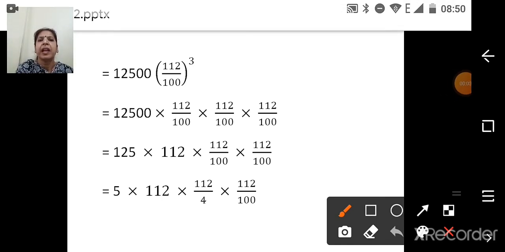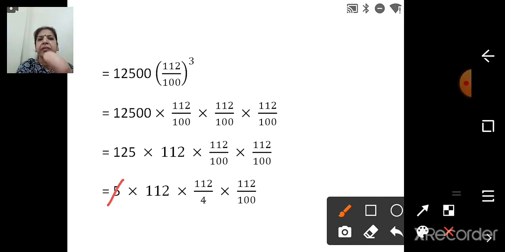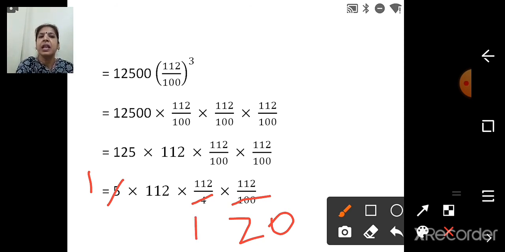Now we know that 5 is divisible and 100 is divisible by 5, so 5 ones are 5, 5 20s are 100. And also we know that 112 can be divisible by 4. So 4 ones are 4, then 4 twos are 8, then you get 11 minus 8, 3, 32. So this whole division you know, children. What we are getting now is 28.